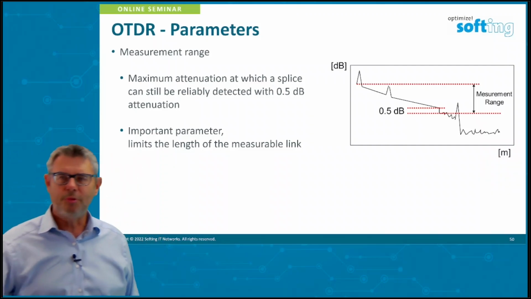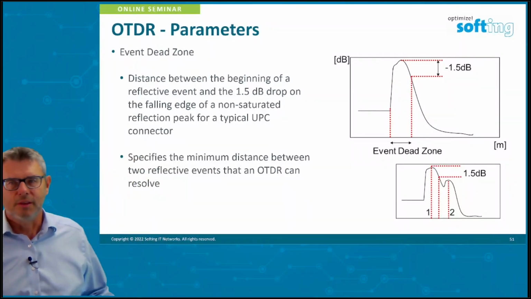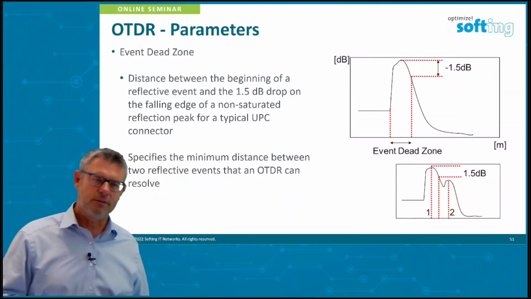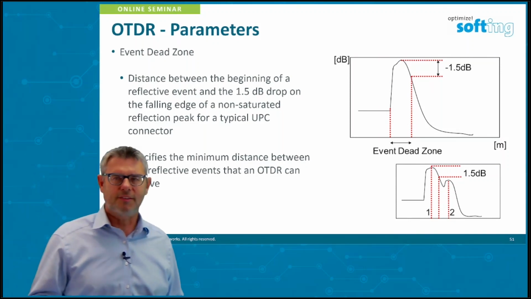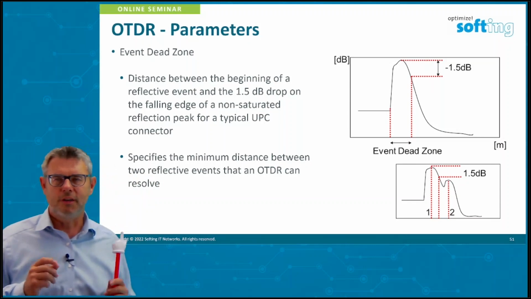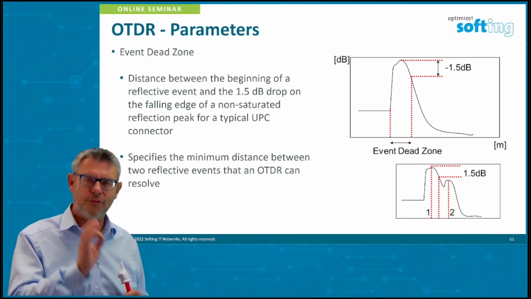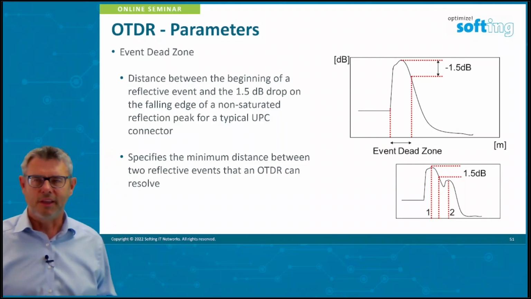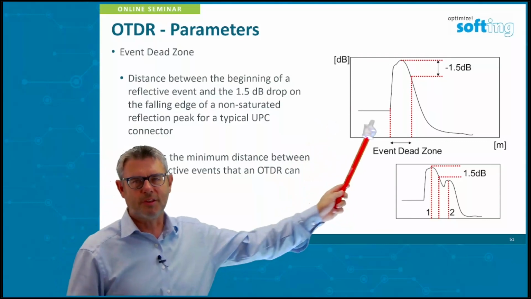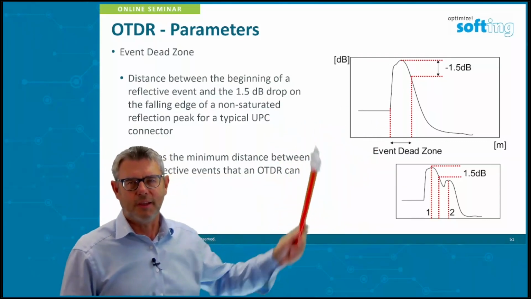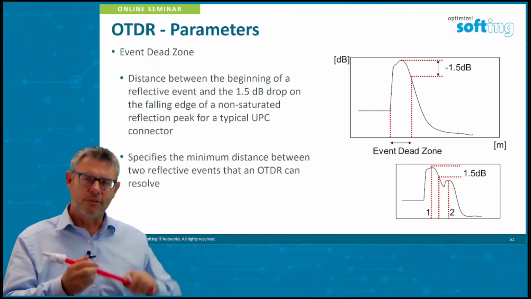Two very popular parameters are event dead zone and attenuation dead zone. Event dead zone is the first one. What does event dead zone mean? This is the time the OTDR is blind to the next reflective event. When the pulse of the OTDR comes to a connector and gets reflected, it fills up the detector in the instrument, and the detector is full.